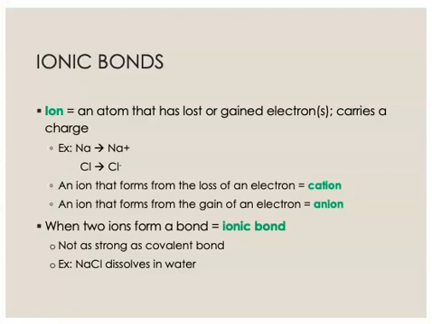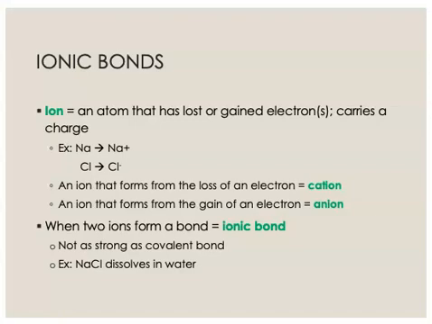So when it comes to ionic bonding, we're no longer talking about two atoms that are sharing a pair of electrons. Now we're talking about a pair of atoms that are literally transferring electrons one to the other. One of those atoms is going to physically lose the unpaired electron that's inside its valence shell, and the other atom is going to gain that electron.